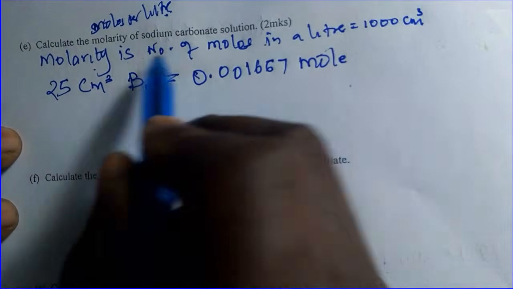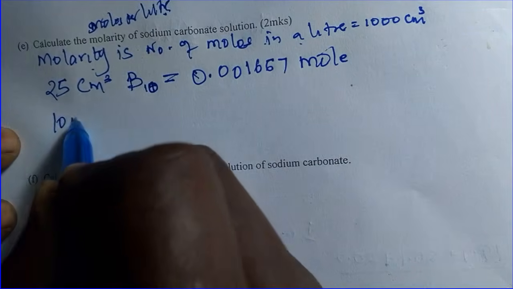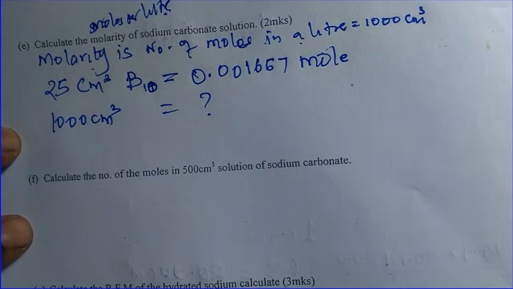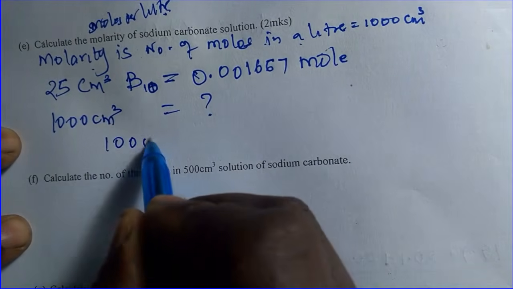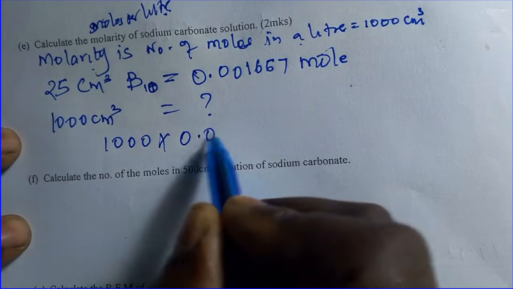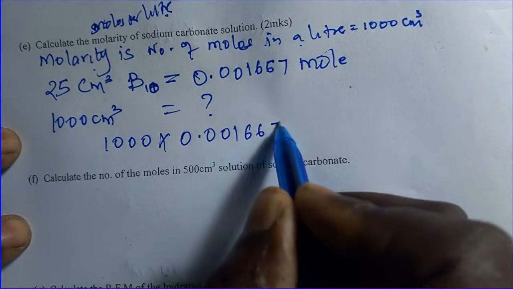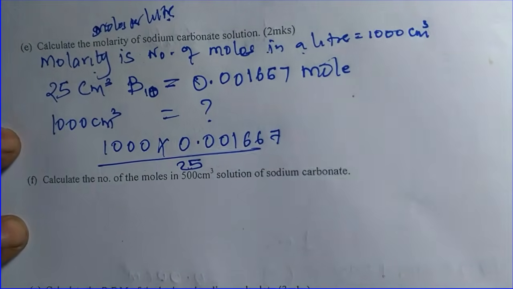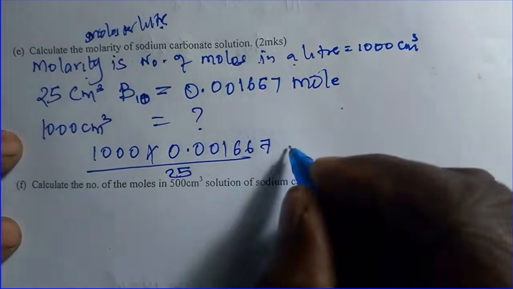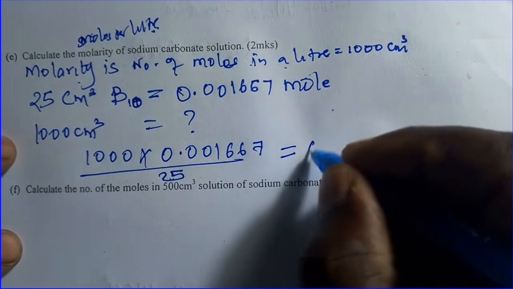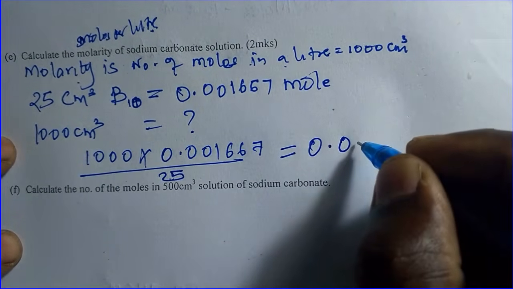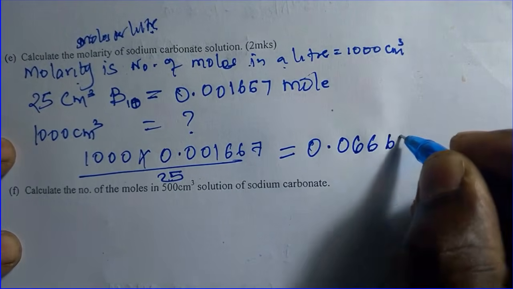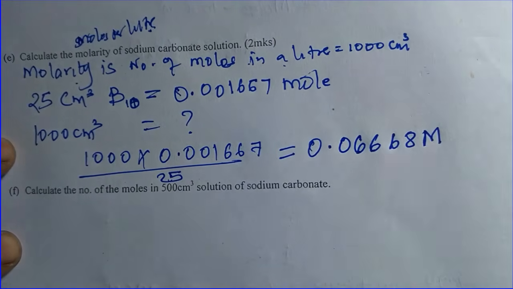Molarity is the moles in a liter, so we would simply ask 1,000 centimeters cube will be how many moles? So it is 1,000 times 0.001667. You divide by 25, and that one gives you the number of moles in a liter. That one is equal to 0.06668 capital M.